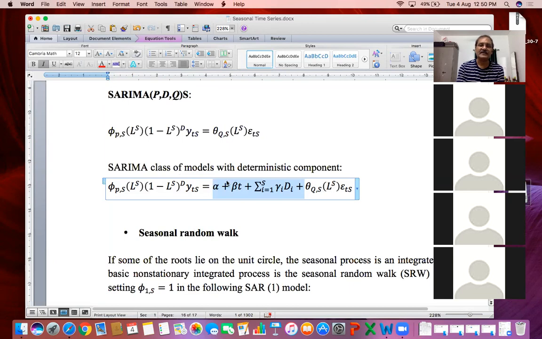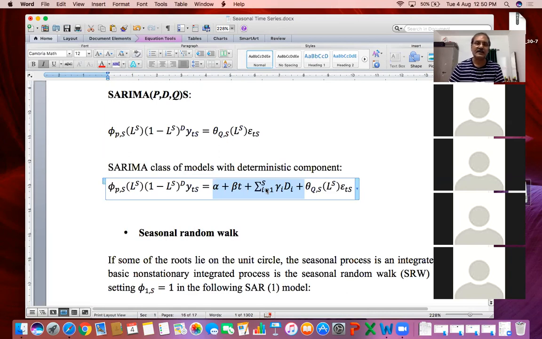And additionally, we have considered here the deterministic part, because in reality, a particular series may contain a deterministic part as well as the stochastic part. So when we consider the actual behavior of a time series, we need to take into account both the stochastic part as well as the deterministic part.